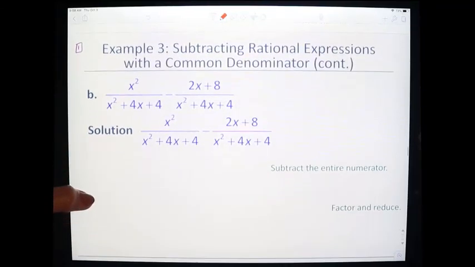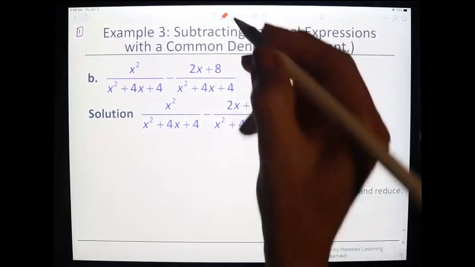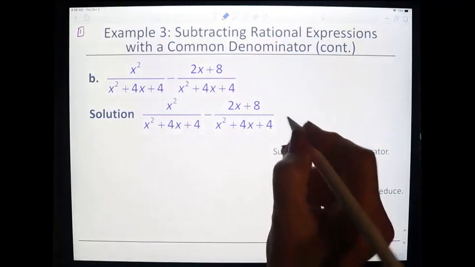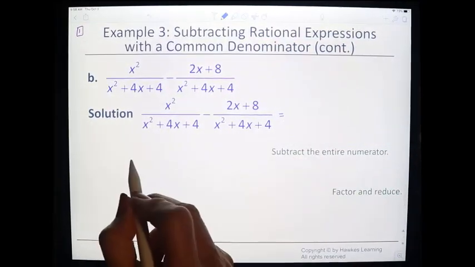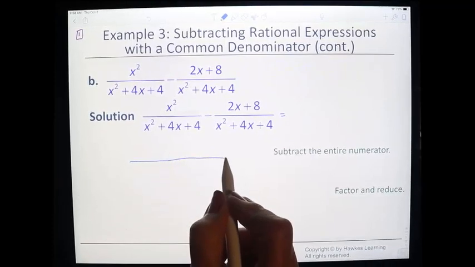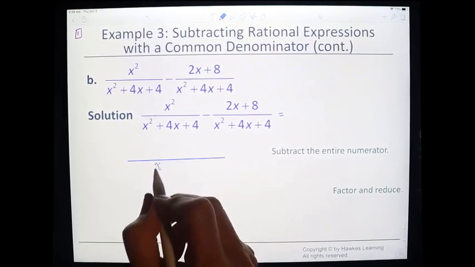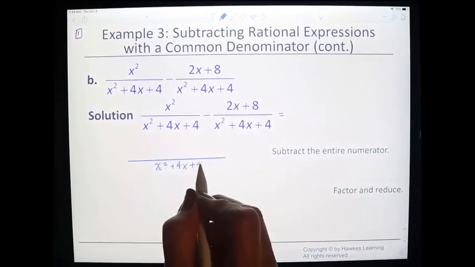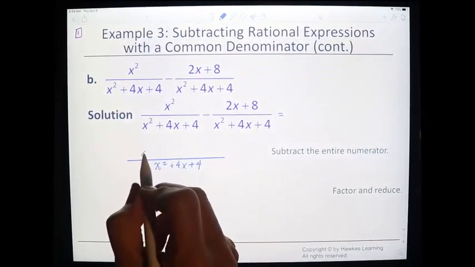Here's another one that has matching denominators. So again, relatively easy. We're just going to draw one long fraction bar. Write down that one common denominator, and then pick up the numerator.